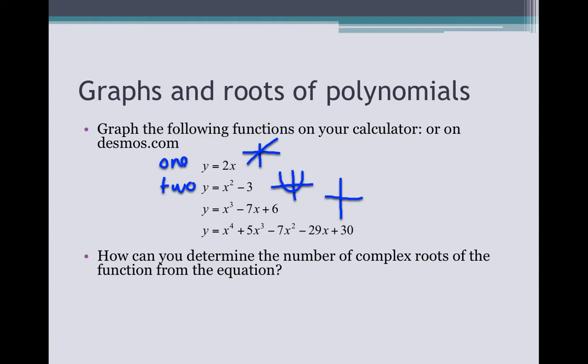Y equals x cubed minus 7x plus 6 looks something like this. And so it had 3 complex roots. And the 4th power looks something like this. Actually, sorry, that was flipped because the end behavior would be up, up. So it looked something like that. So it has 1, 2, 3, 4 complex roots.